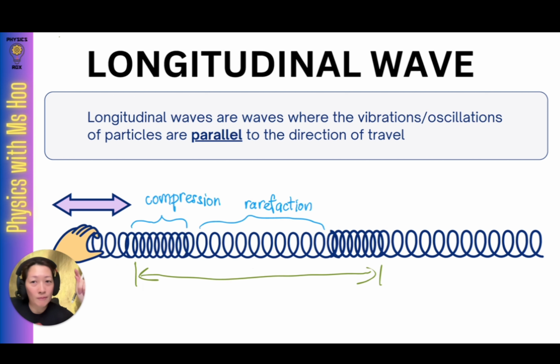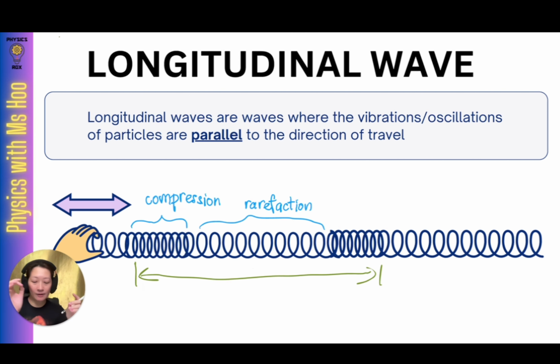Why? Remember what we learned in the previous slide. The wavelength must be measured between two points in the same phase. So although the compression is a region and rarefaction is a region, in order to measure the wavelength, you have to start from one point on the wave and find the next point in the exact same phase or same point in the cycle.